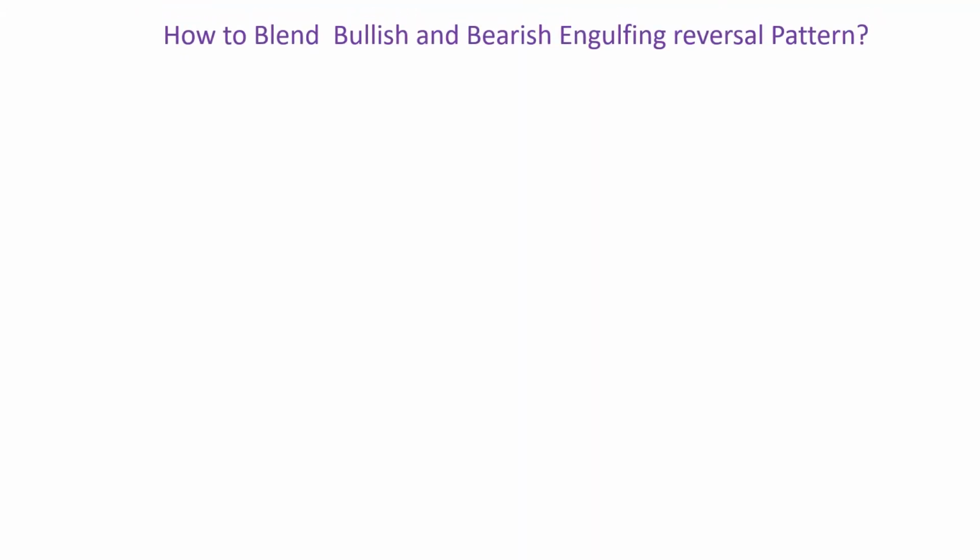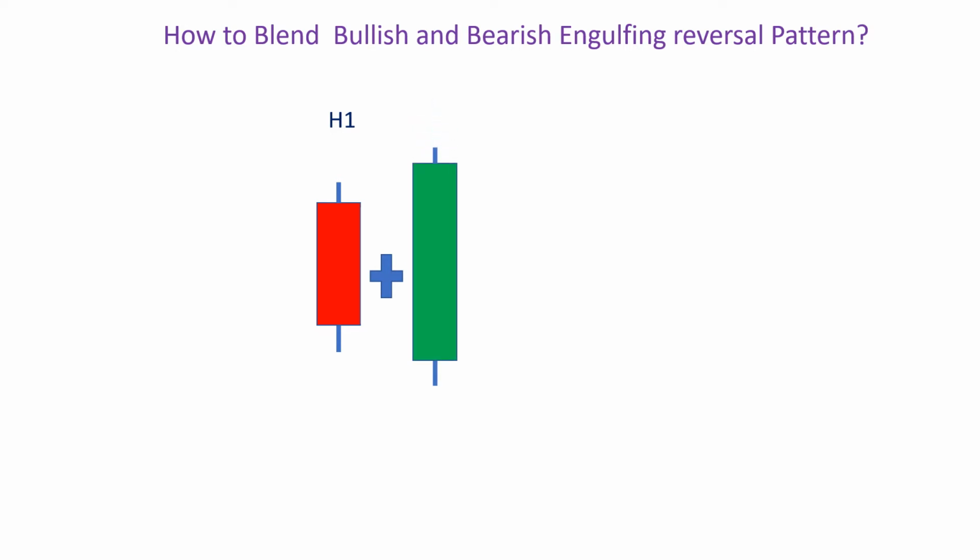How to blend bullish and bearish engulfing reversal pattern. Let's assume this is a bearish candle with H1 time frame and we want to blend this one with a bullish candle with H1 time frame.